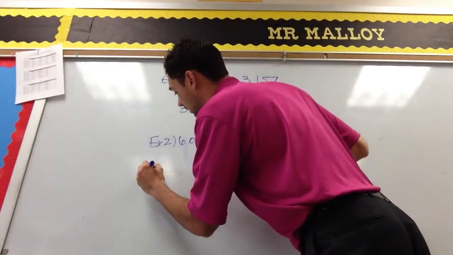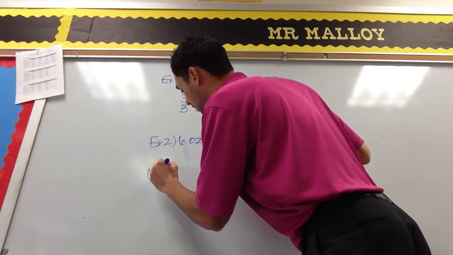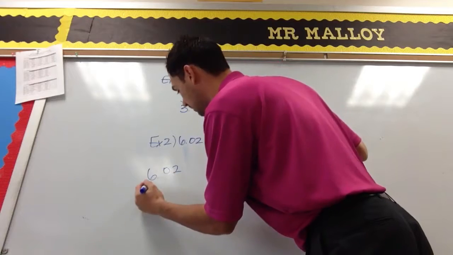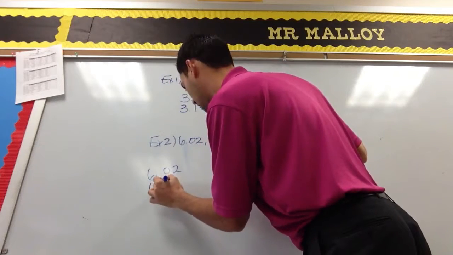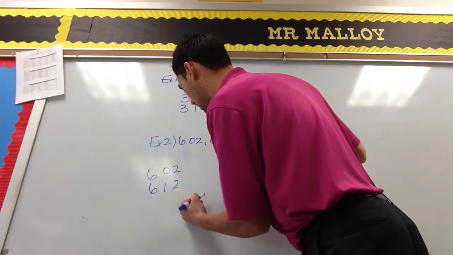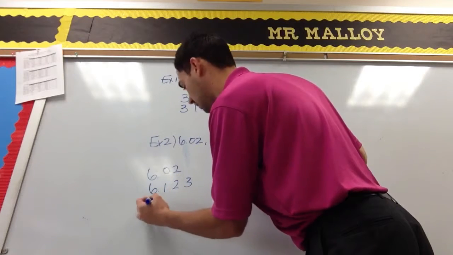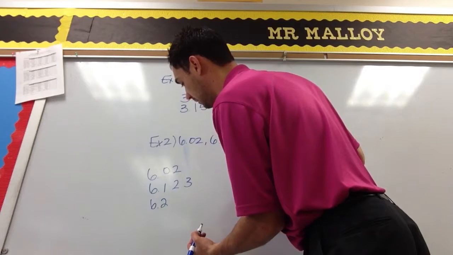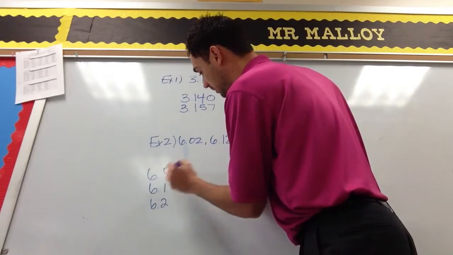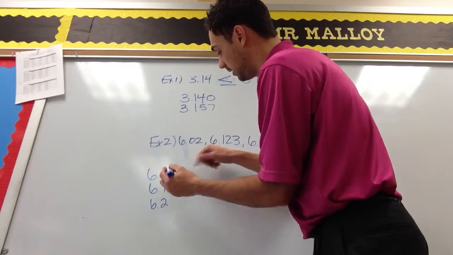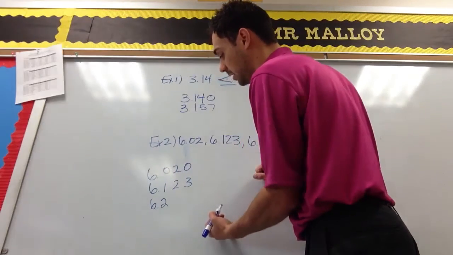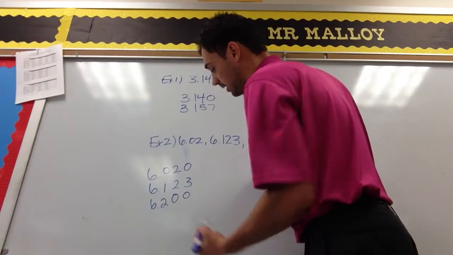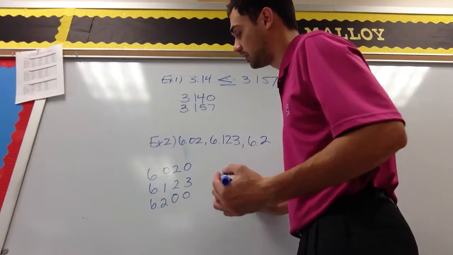I'm going to stack the numbers on top of each other, making sure everything's lined up: ones with the ones, tenths, hundredths, thousandths. Notice this 2 is in the hundredths place. I add the 0, and that 2 is still in the hundredths place. This 2 is in the tenths place. I can add 2 zeros so I can compare those. That 2 is still in the tenths place.